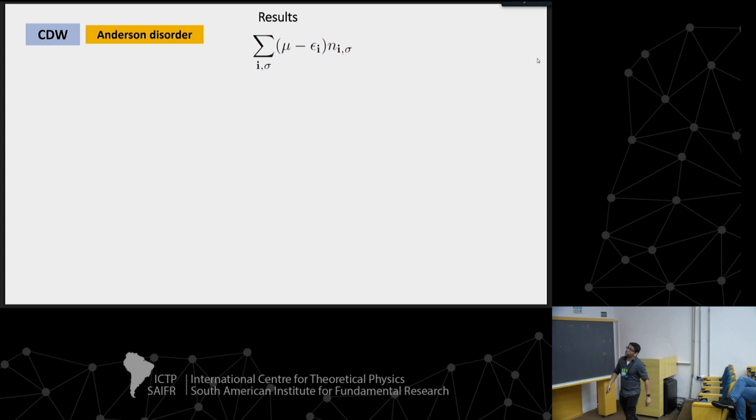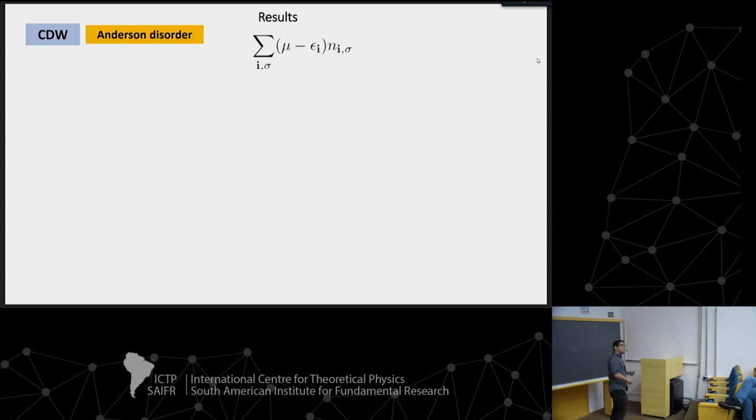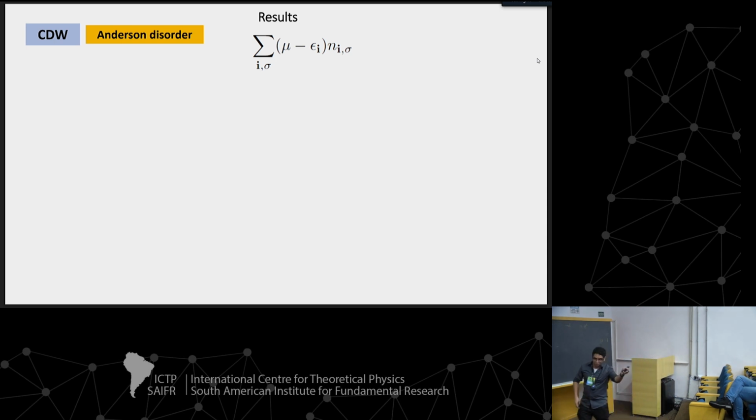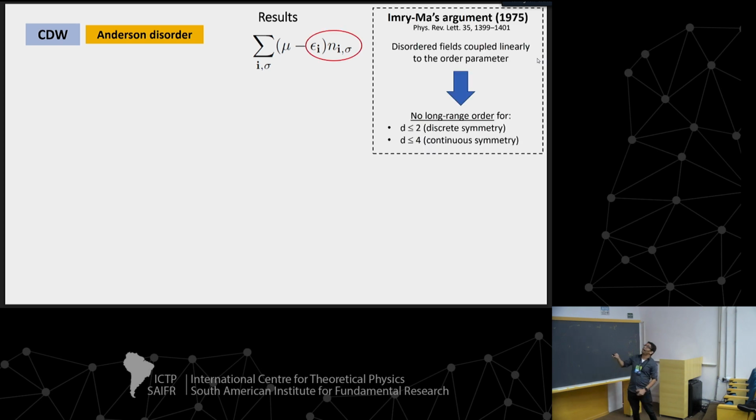Okay, so let's move on and discuss what happens when we put in Anderson-like disorder. Yes, I have partial particle-hole symmetry. I have to remind you of what we learned from Thomas on Monday, that if we have this kind of disorder, it couples linearly with the order parameter.